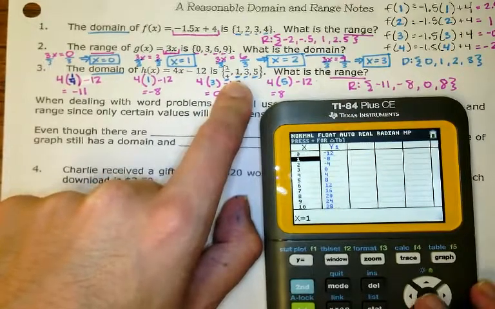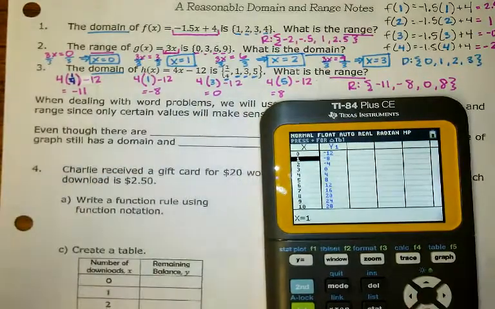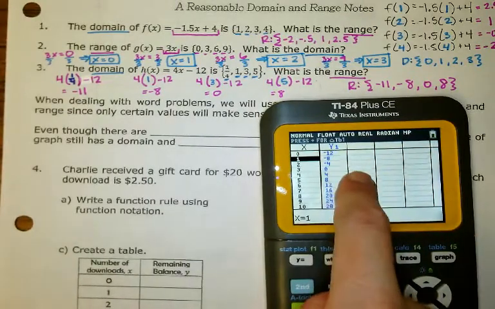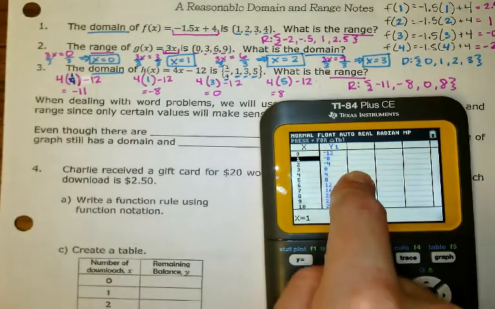No. So this is nice, but it has its limitations. Does that make sense? So you still need to know how to plug it in, like hand write it, paper and pencil. But I also wanted to show you that you can also find it with the table of values in your calculator, which is kind of cool, right?